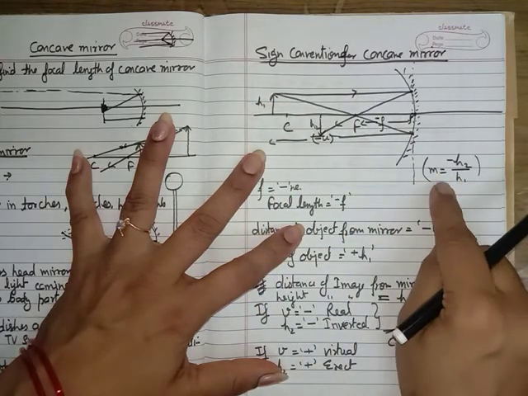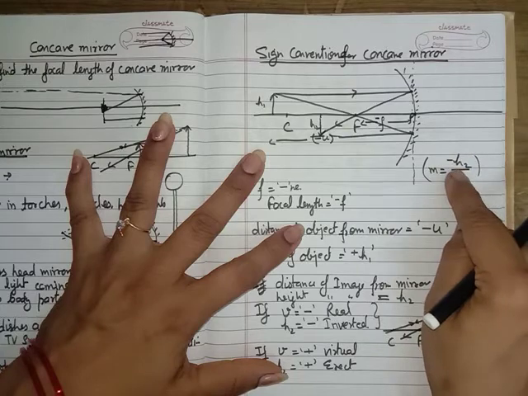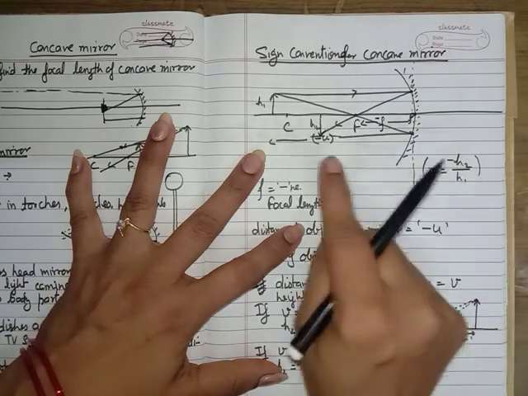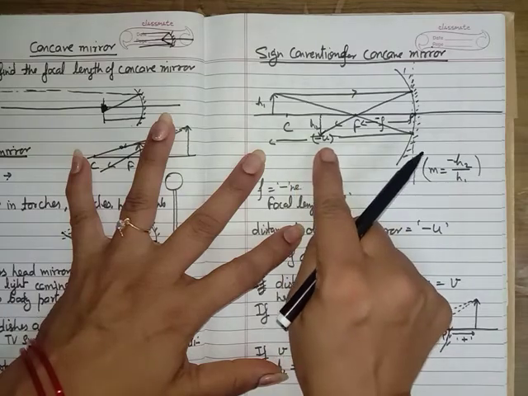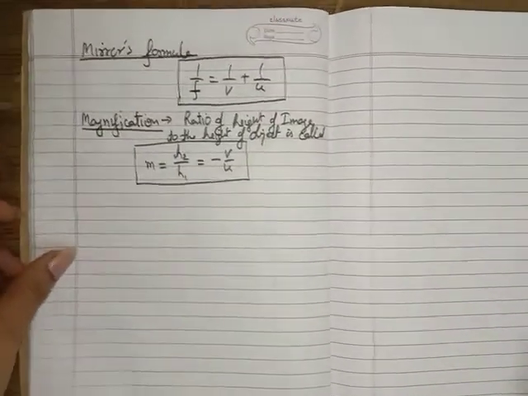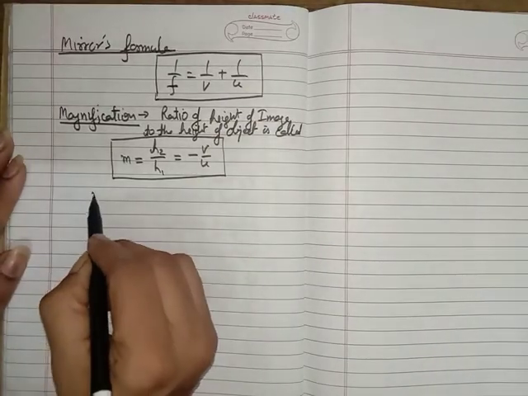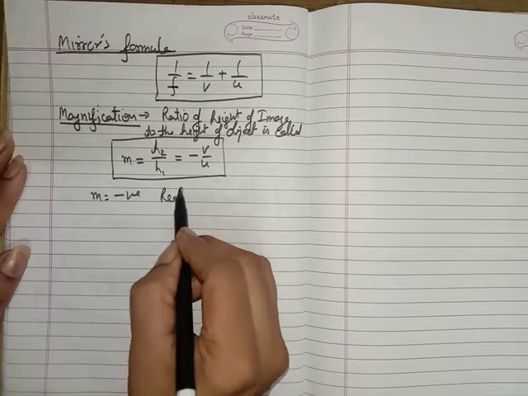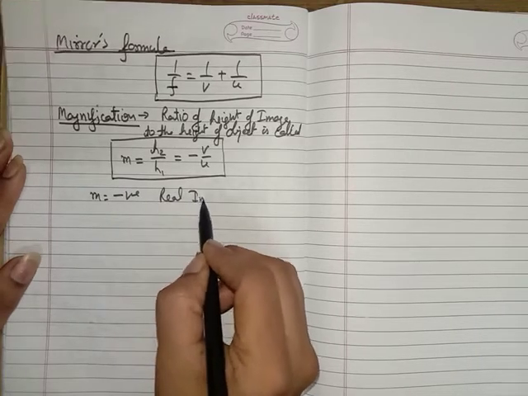What is the meaning of negative magnification? Negative magnification means the image is real. So if you find in a numerical that magnification is negative, it shows that the image is real, and a real image is always inverted.